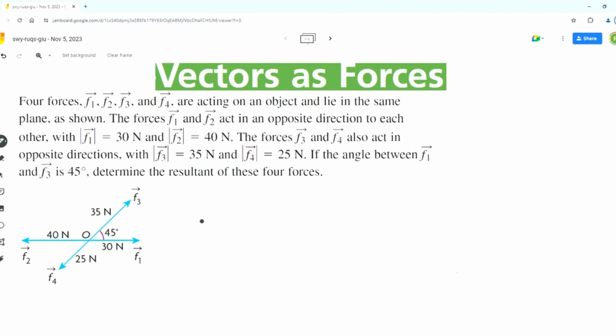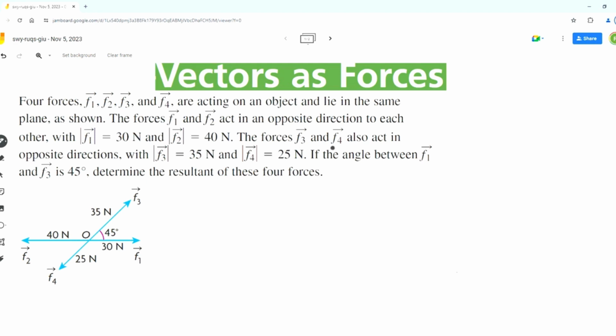So in this video, we'll solve this problem using the concepts of vectors as forces. As per the problem, four forces F1, F2, F3 and F4 are acting on an object and lie in the same plane as shown. The forces F1 and F2 act in opposite directions, where the magnitude of F1 equals 30 newtons and the magnitude of F2 equals 40 newtons.